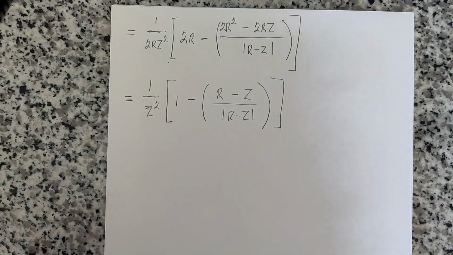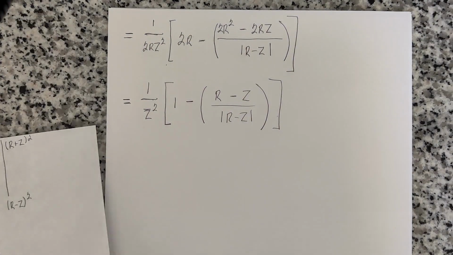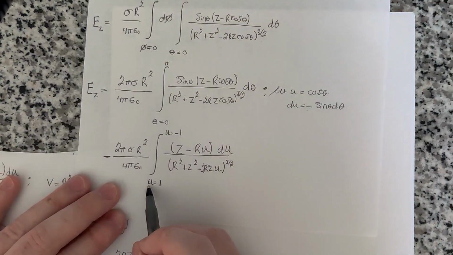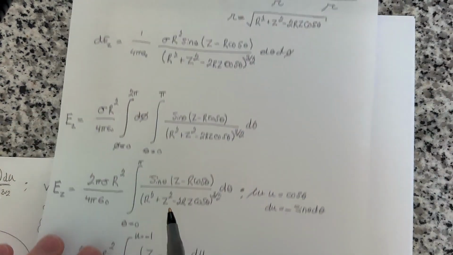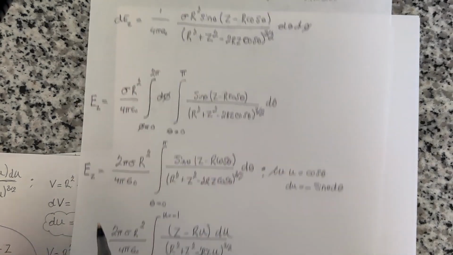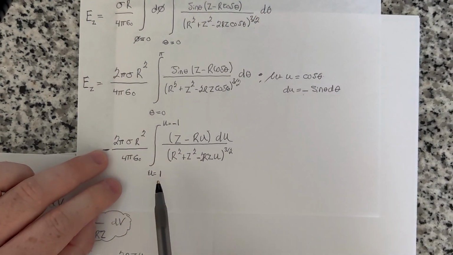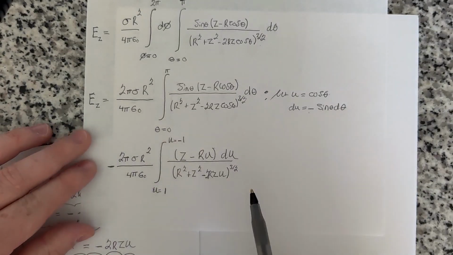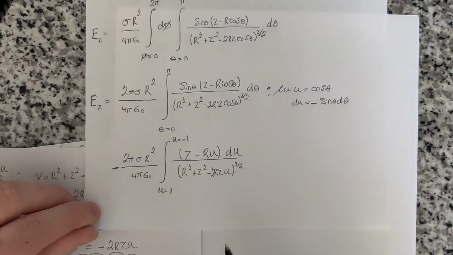And remember, our original integral was this integral. This is where we started. Well, we started here, and we transformed it down to here. We just have to plug in all of our constants that we had out here.